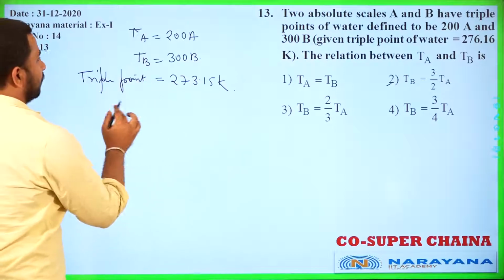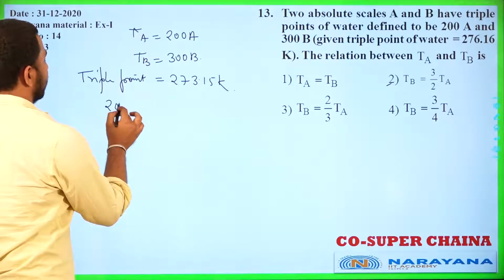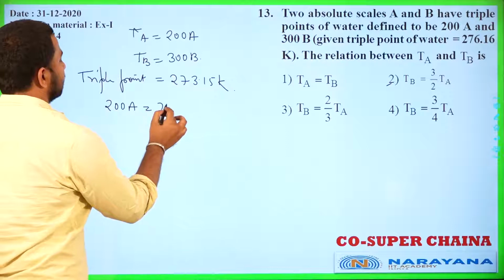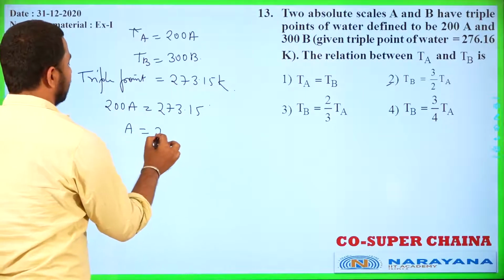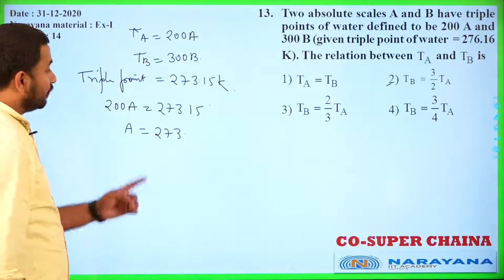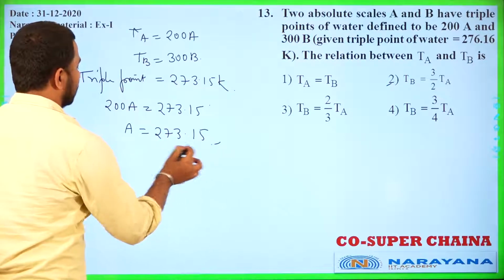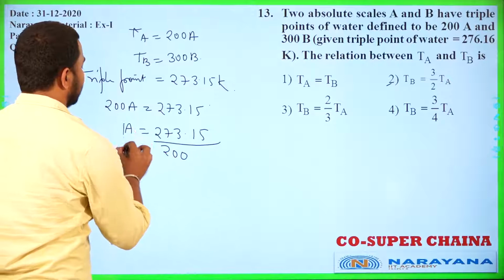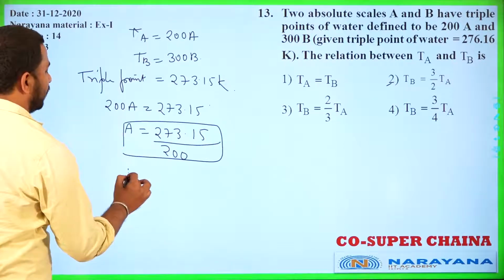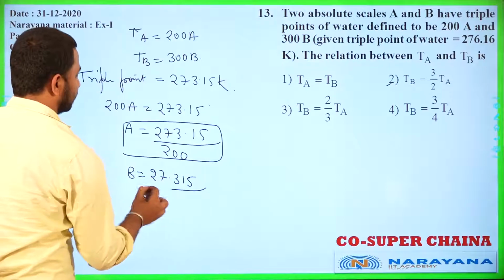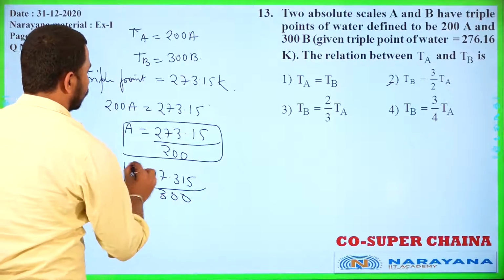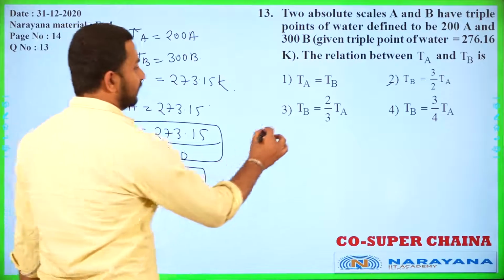So from here, if we equate the two values, that is 200A, A can be written as 273.15 by 200. Just be careful in the calculation part. Similarly, B will be coming as 273.15 by 300.